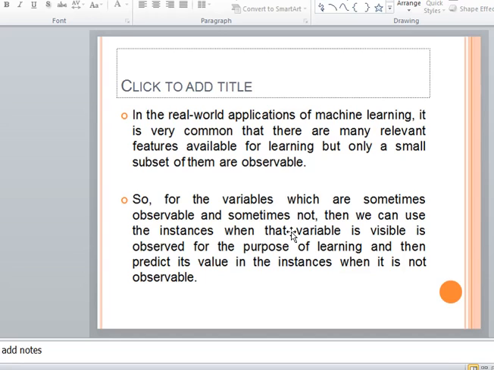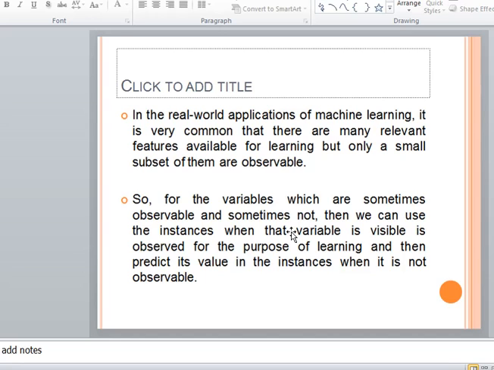So you have seen that in real world applications of machine learning, it is very common that there are many relevant features available for learning, but only a small subset of them are observable, right? So we can have a bigger set of features available for a specific problem or domain, but out of this we can have a small subset which is the observable data.